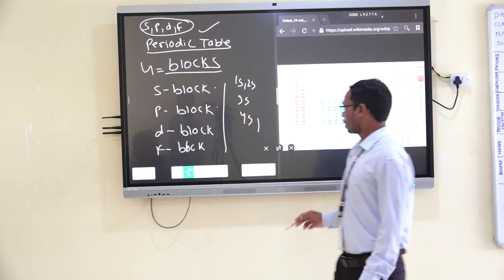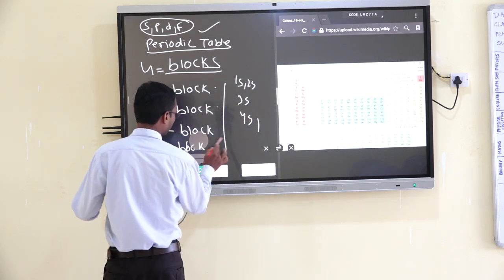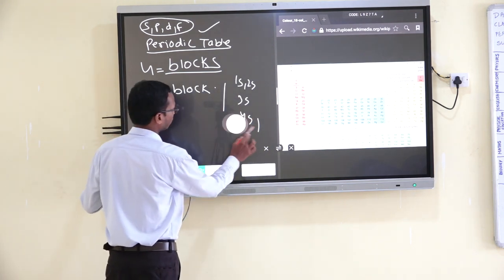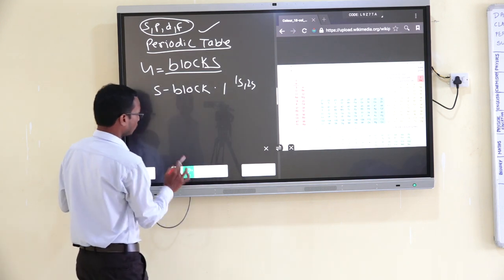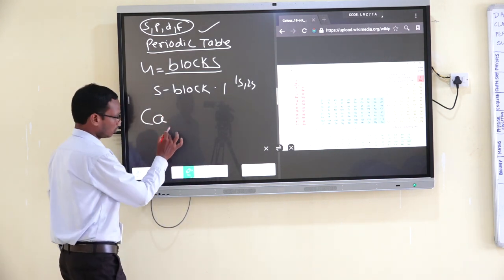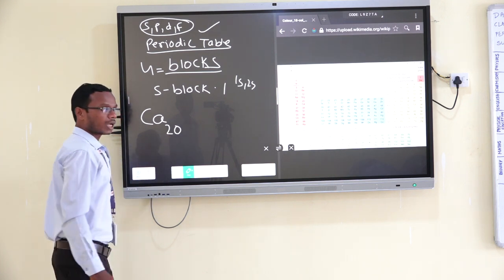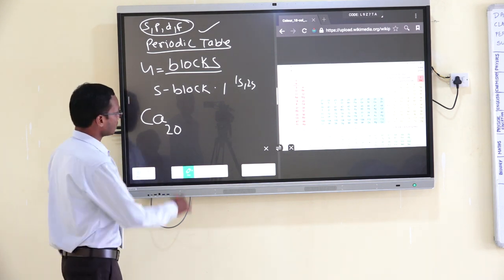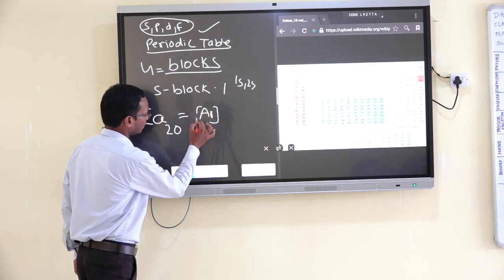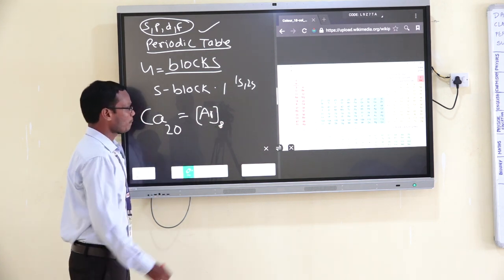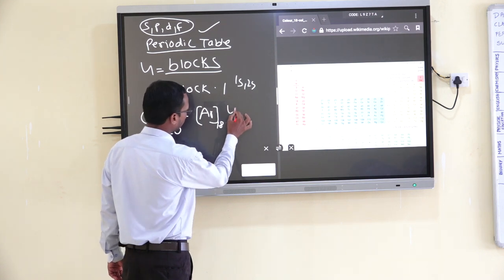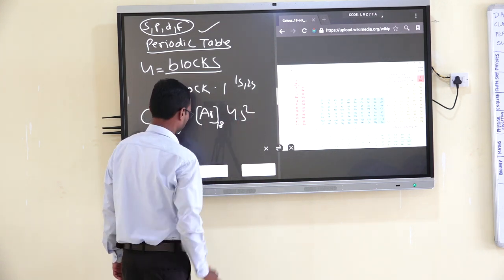Suppose one example: calcium. What is the atomic number of calcium? 20. If you write the electronic configuration of calcium, it will be argon 18, then 4s2.